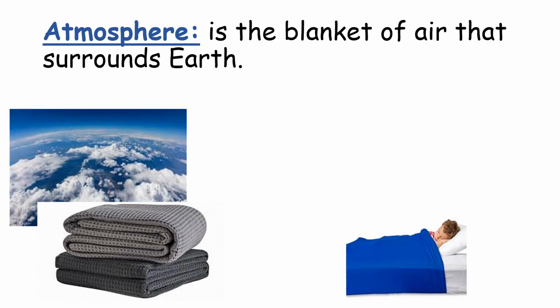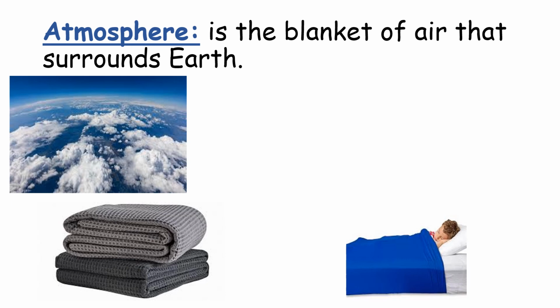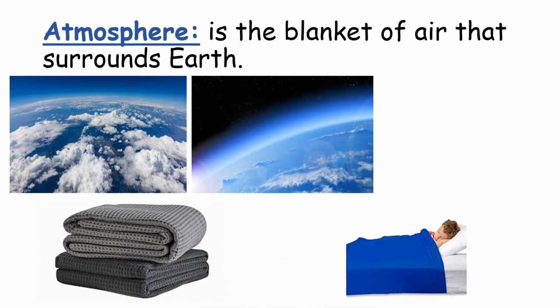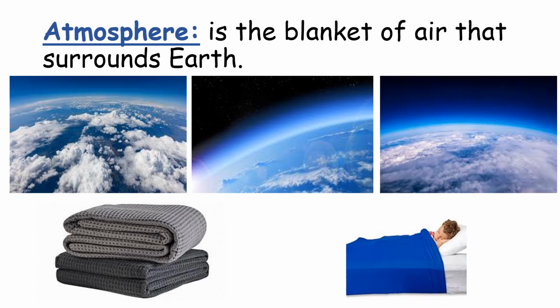Now look over here. This is the Earth. Over here, this is the Earth also. And this is the Earth. But what do you see here? There is something like gases surrounding the Earth, like a blanket to protect or to cover it.